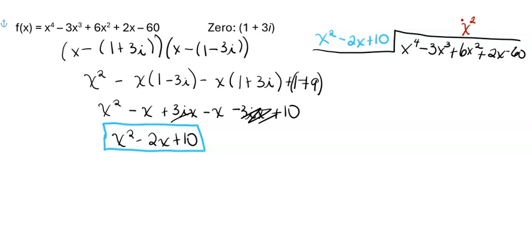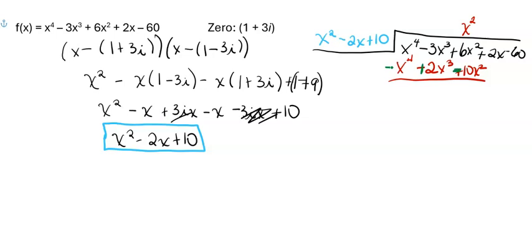X squared times x squared gives me x to the fourth. X squared times negative 2x gives me negative 2x to the third, and x squared times 10 gives me plus 10x squared. Now I'm subtracting, so I'll change all my signs.